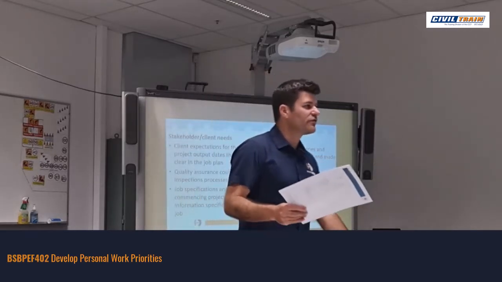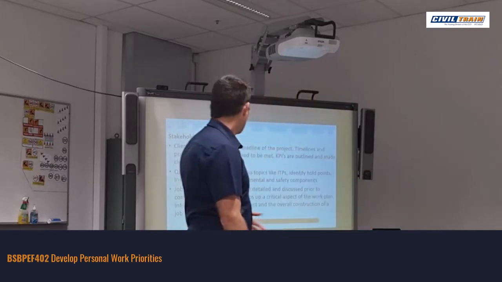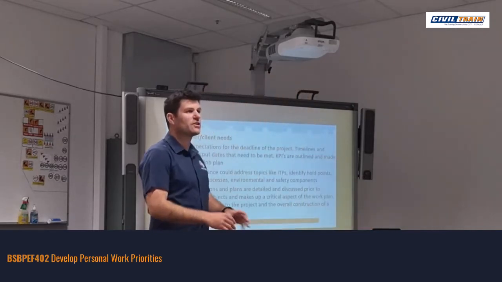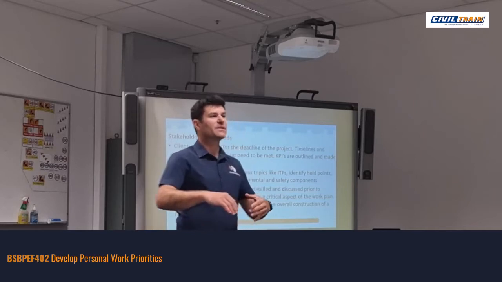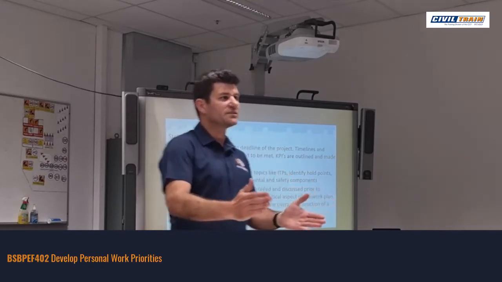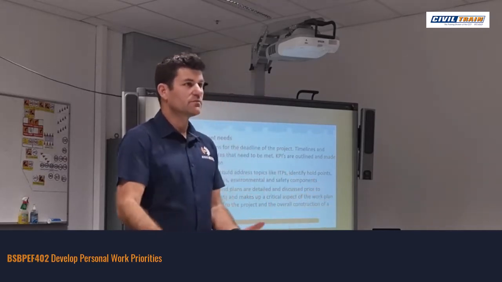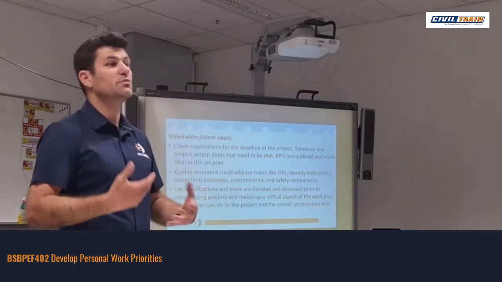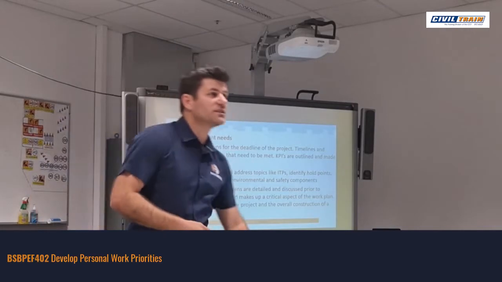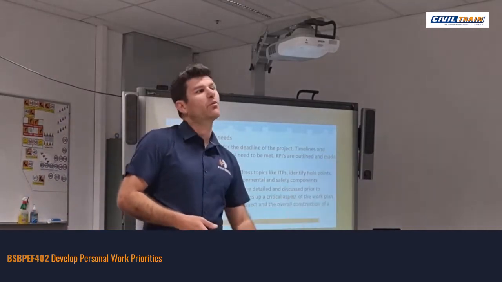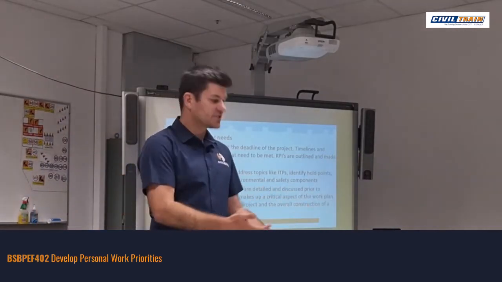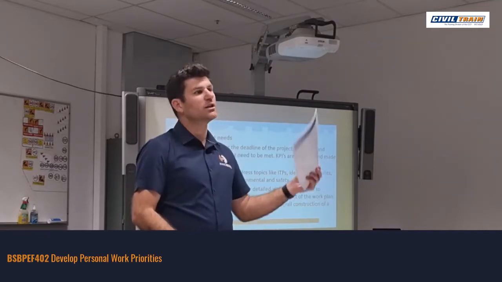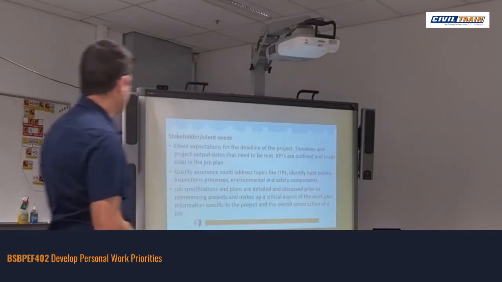So the idea when we do a review is that part of your client stakeholder needs is to try and address them early so it doesn't become embedded in the plan. All of a sudden we get to that point and go, we've got conflicting information, which can cause issues with progression. You might have done something that's more expensive and all they wanted was something less expensive, but it just wasn't clearly communicated within the documentation.